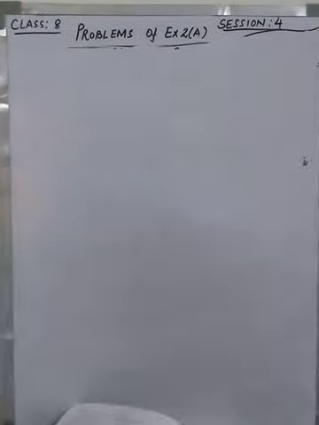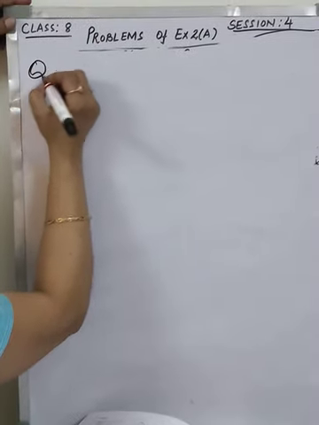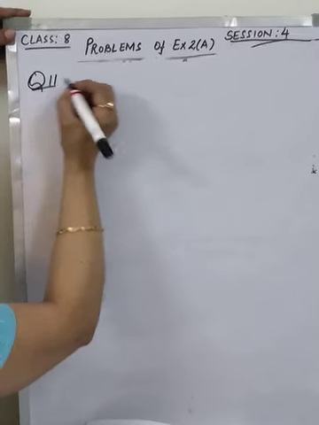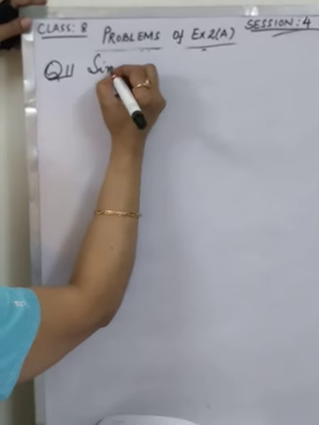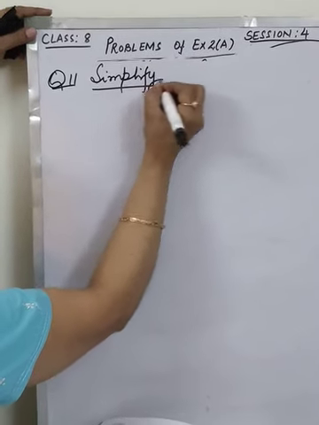Hope everybody is maintaining the fair copy and everybody has completed exercise 2A. Question number 11 now. Simplify. Student, do not forget to write the question line in the fair copy.